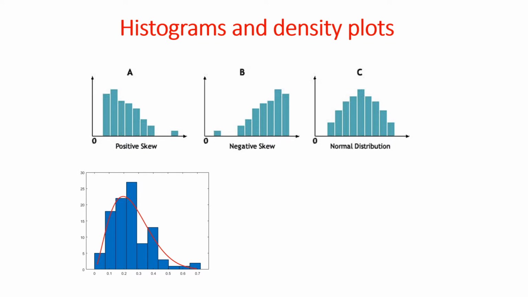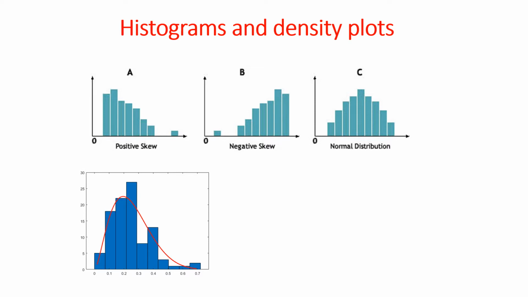There's also another variant of a histogram, which is called a density plot. You could see the image below, the one with the blue bars, and then you see a red line. That red line is a density curve.